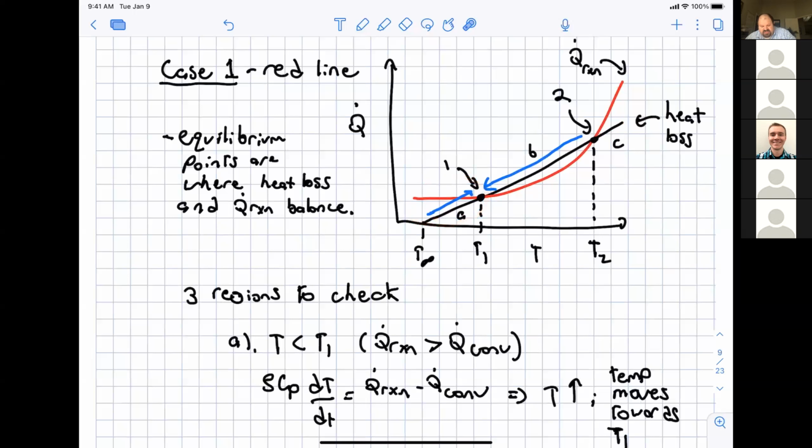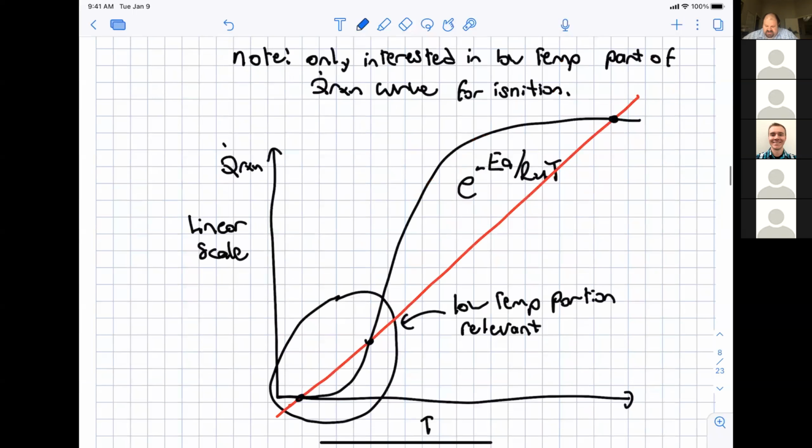In other words, no matter where we are after T2, we are generating more heat due to chemical reaction than we are removing by convective heat loss. And so the temperature goes up, and it will go up and up until we reach this third point here.